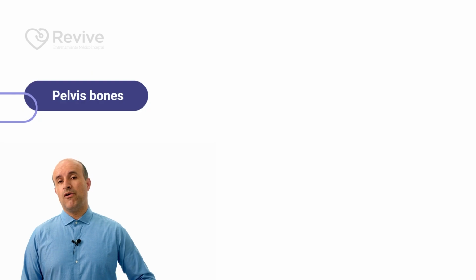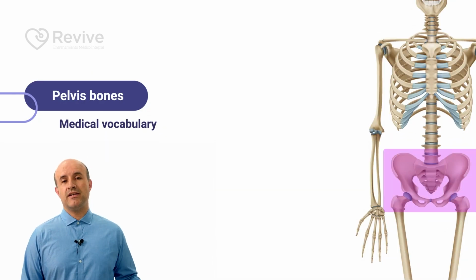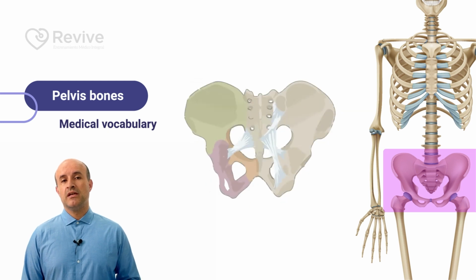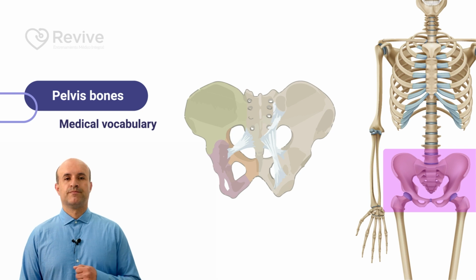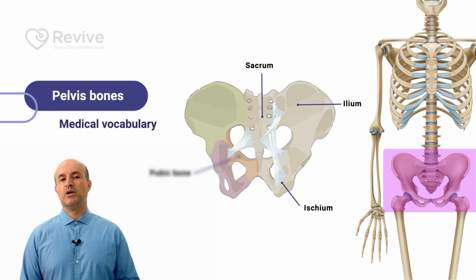Going down by our hip, we find the pelvis. Identified in the image, we can see with the numbers from 1 to 9 the following bones. First, the sacrum. Second, the ilium. In third place, we have the ischium. Then in fourth, the pubic bone.